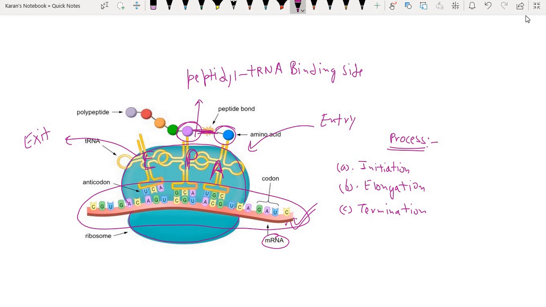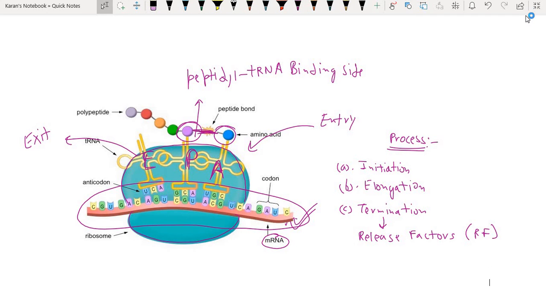Then during termination, some release factors, which we can write as RF, will terminate the whole process. So they will help in termination of the whole process.